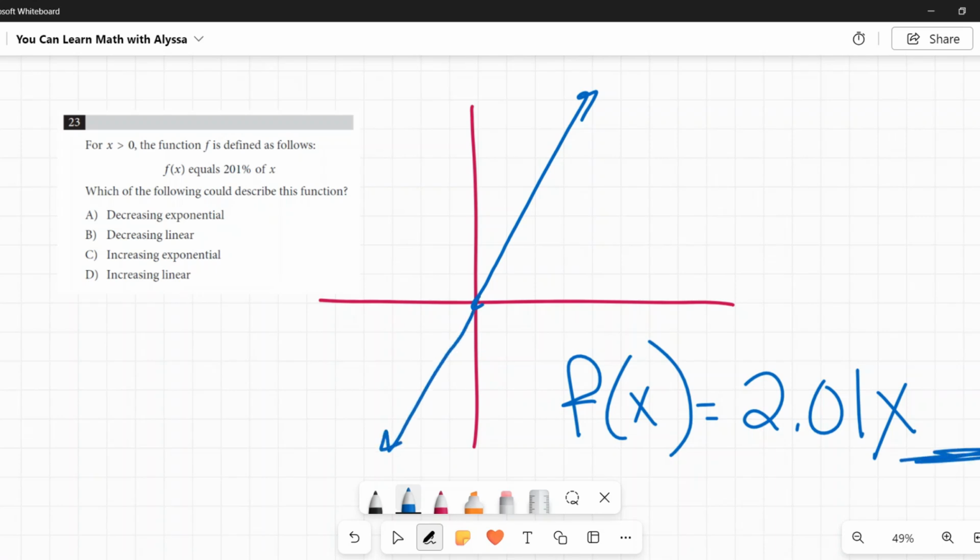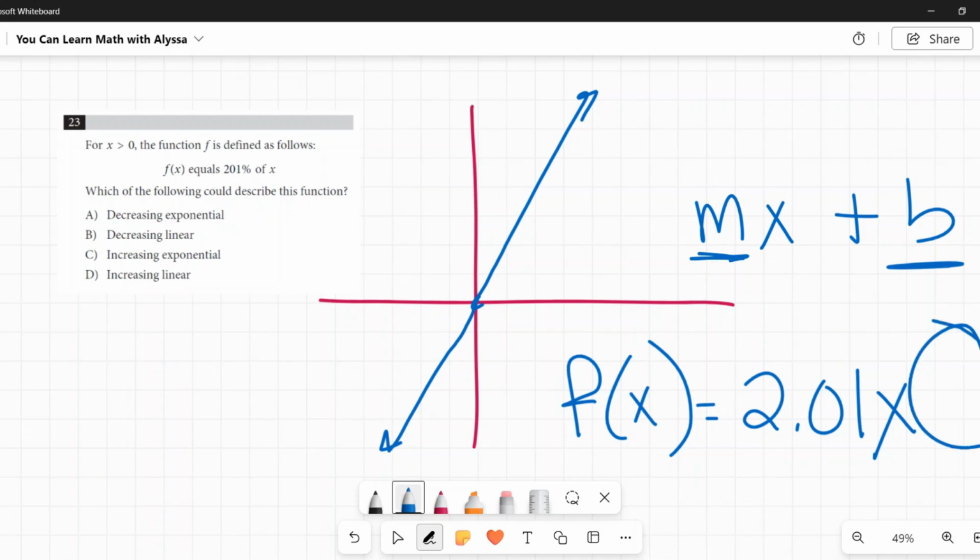And there's no y-intercept, because we're in the format y equals mx plus b, where m is the slope and b is the y-intercept, and there's no y-intercept there. So it's going through 0, 0, and it just has a slope of slightly over 2. So that is a line. It is linear, and as we go left to right, it is going up. So it is an increasing linear function.